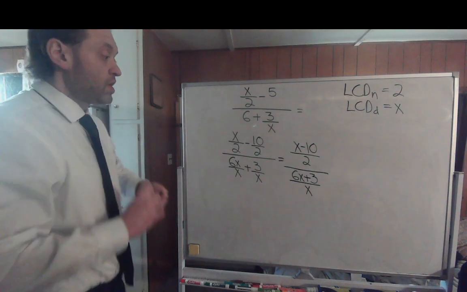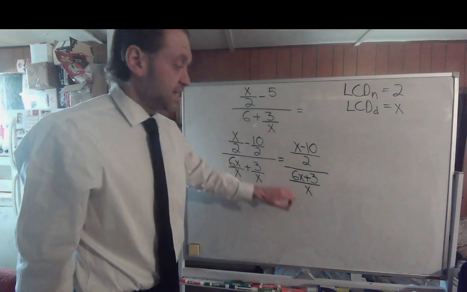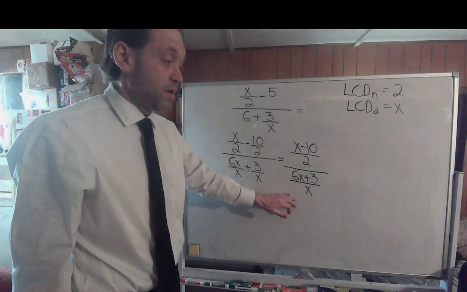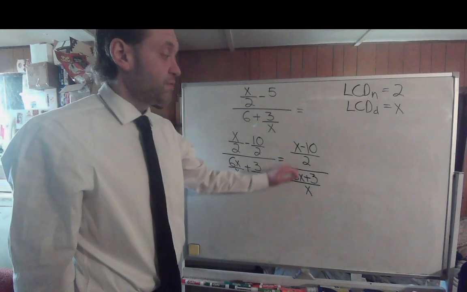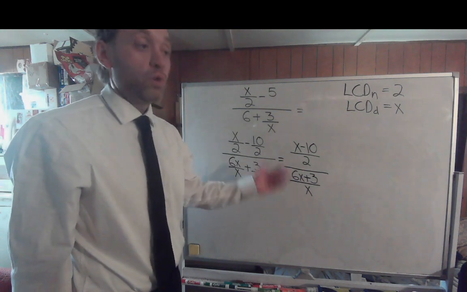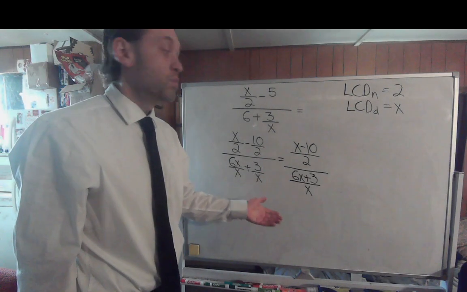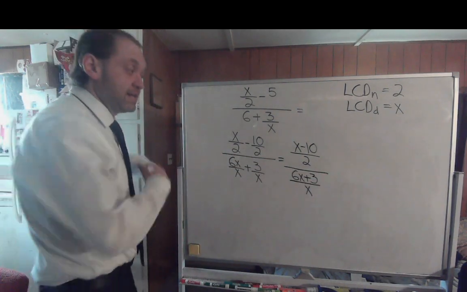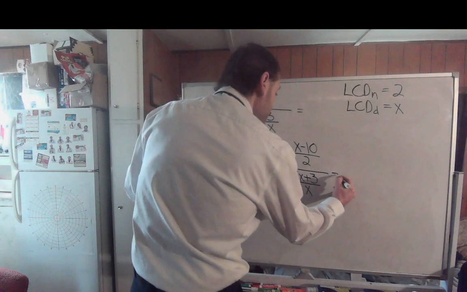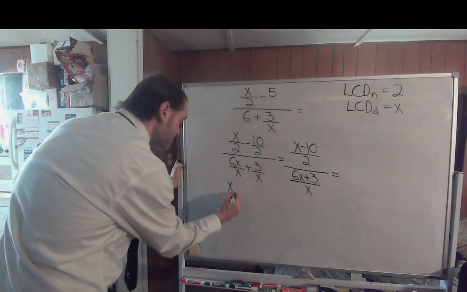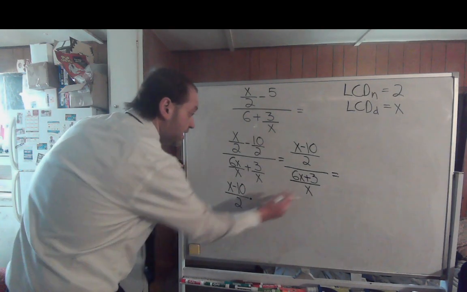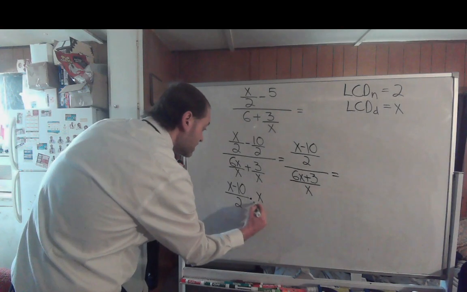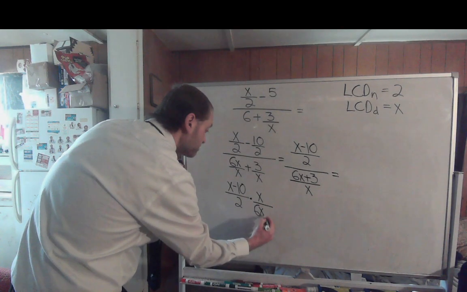Now, we've got each of these into a common denominator. And you could think of this as a fraction divided by a fraction. What do we do when we divide fractions? We invert and multiply the denominator, right? So this is going to turn into x minus 10 divided by 2 times x over 6x plus 3.